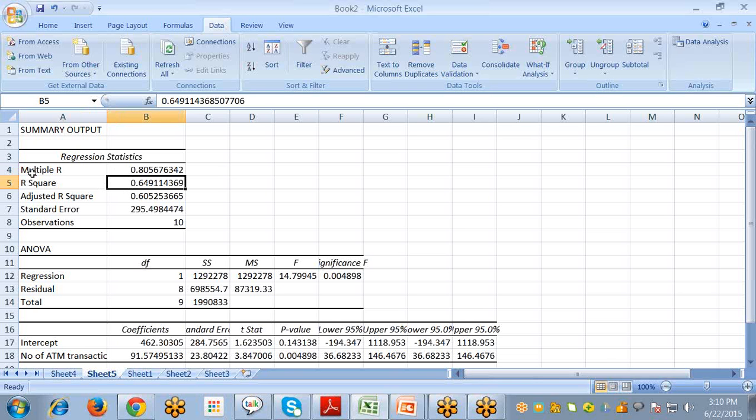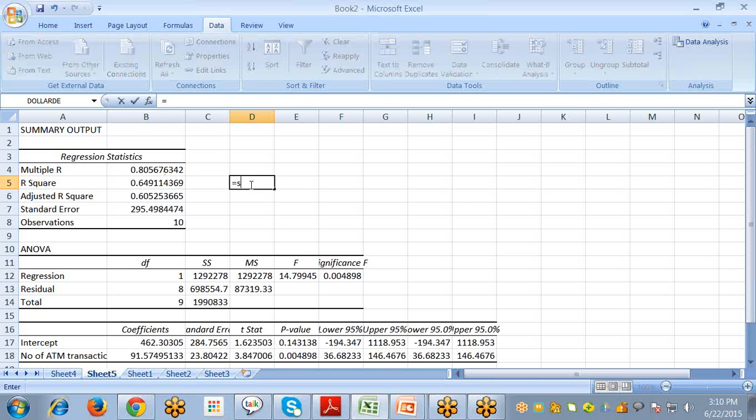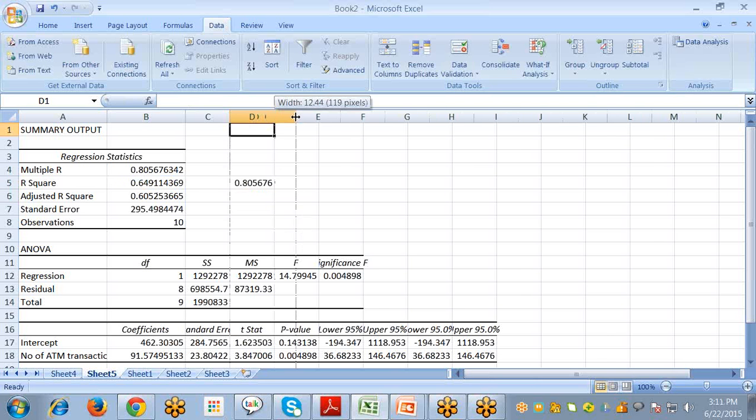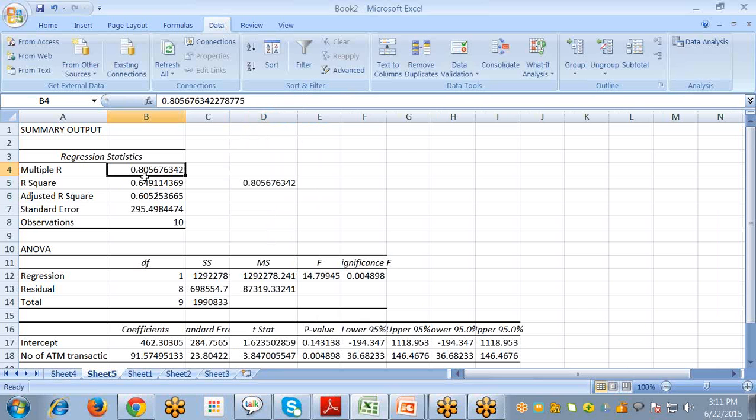That means if I calculate the square of Multiple R, using the square formula and passing this cell as the argument and then pressing Enter, it generates the same output as the R Square. So R Square is nothing but the square of the R value.